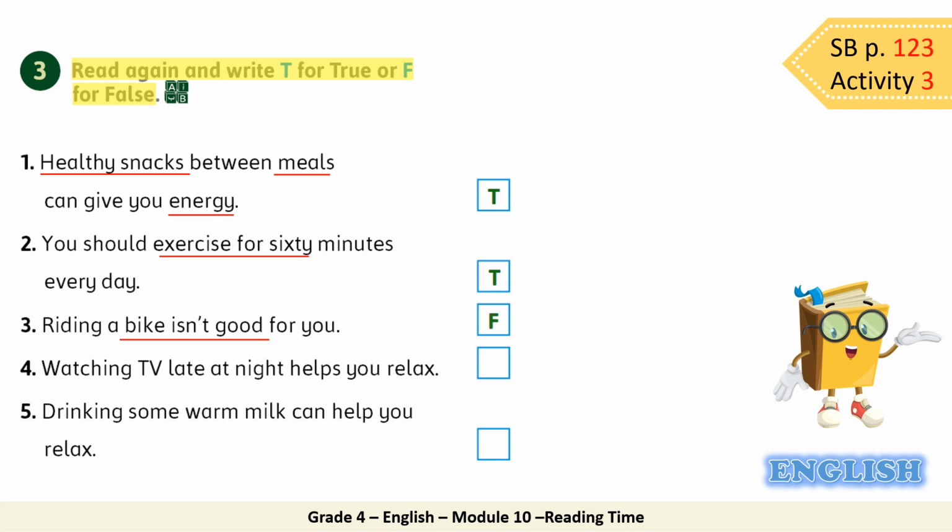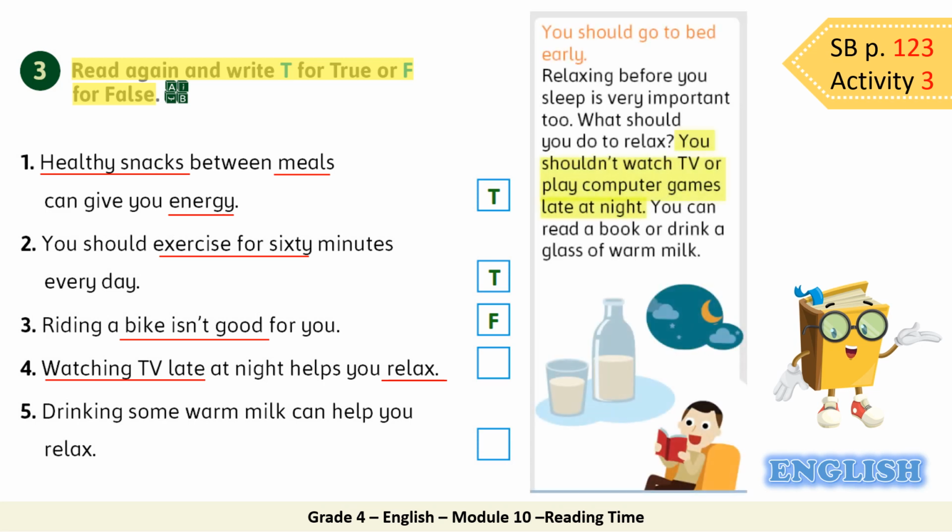Number 4. Watching TV late at night helps you relax. The keywords are watching TV late and relax. Let's check the paragraph talking about going to bed early. It mentions you shouldn't watch TV or play computer games late at night, because this will not help you to relax.